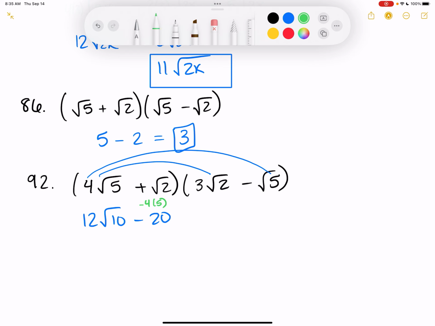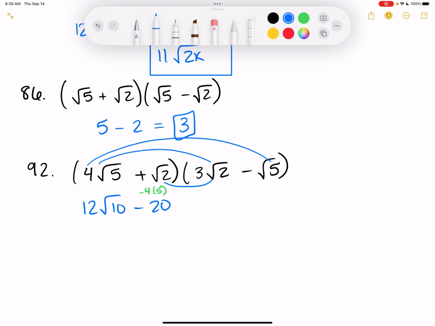Then square root of 2 times 3 square root of 2 is going to be 6. So this is 3 times 2. And then the last one, square root of 2 times negative square root of 5 is going to be negative square root of 10. We following so far? Good.